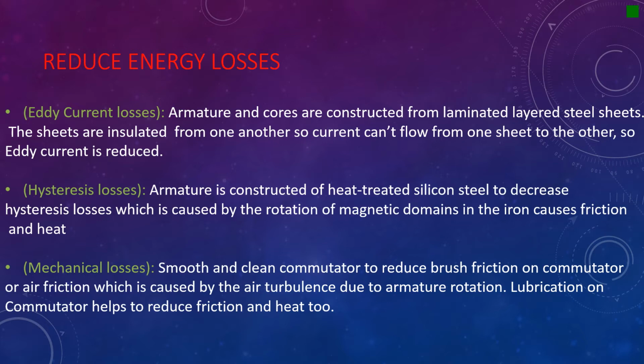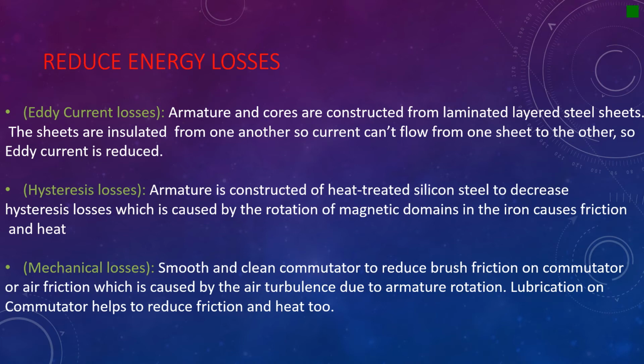And as for hysteresis losses, they occur when the armature rotates in the magnetic field, which causes the rotation of magnetic domains in the iron, causing friction and heat. The magnetic domain is basically a region within a magnetic material, in this case iron, in which the magnetic fields of atoms are grouped together and aligned.